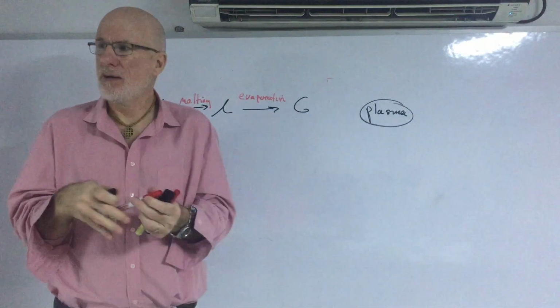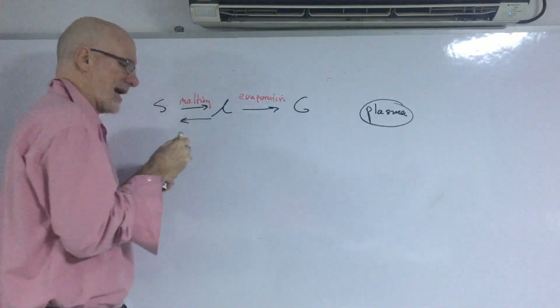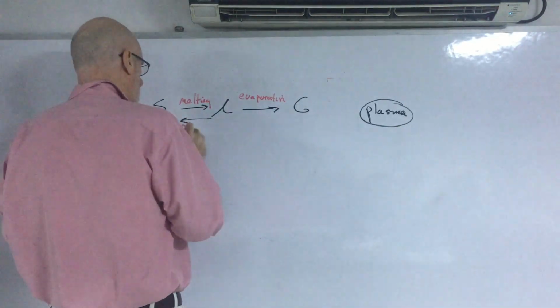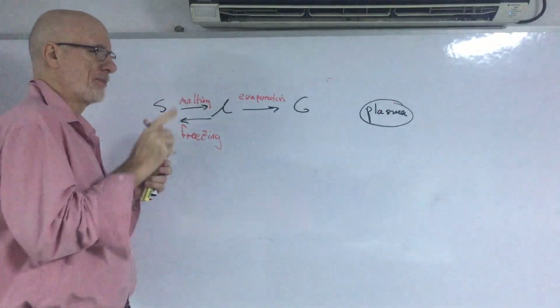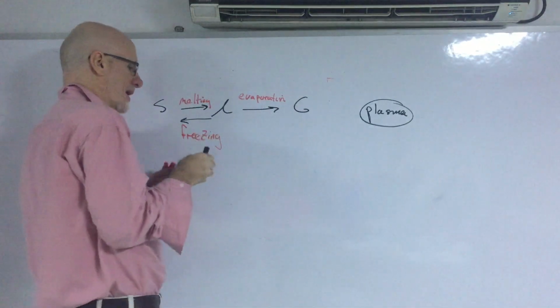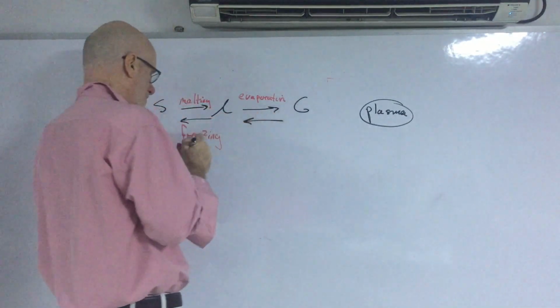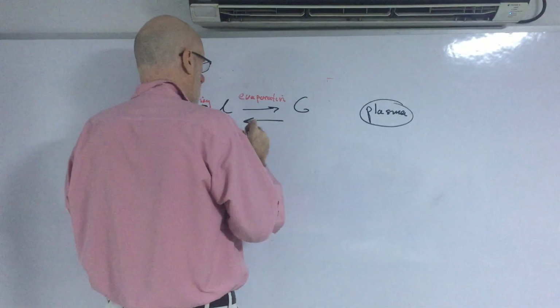If you're going from a liquid to a solid, what's that called? Freezing. Sir, can you not use boiling instead of evaporation? I'm going to talk about boiling in a second. If you're going from gas to a liquid, it's called condensation.